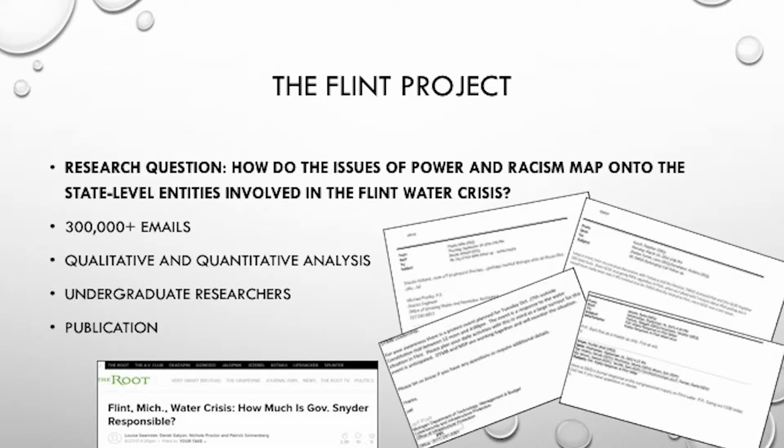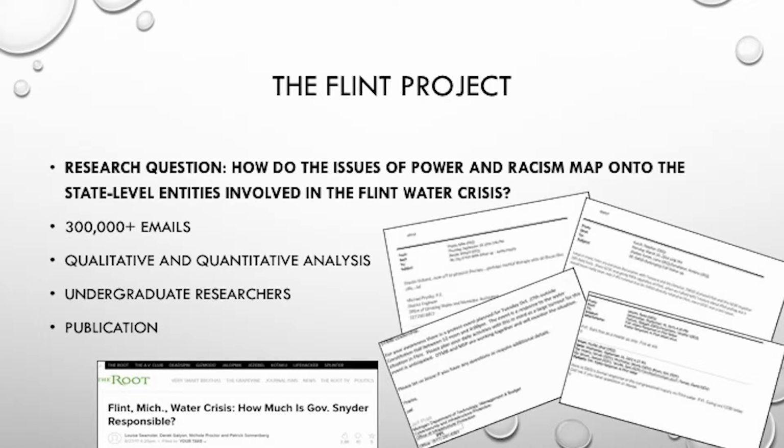When we started it, we had no idea the scope that we were going to be undertaking, and I think we would have done things a little differently in the beginning if we knew then, but in any case, we are here now. Our main research question is, how do the issues of power and racism map onto the state-level entities involved in the Flint water crisis?